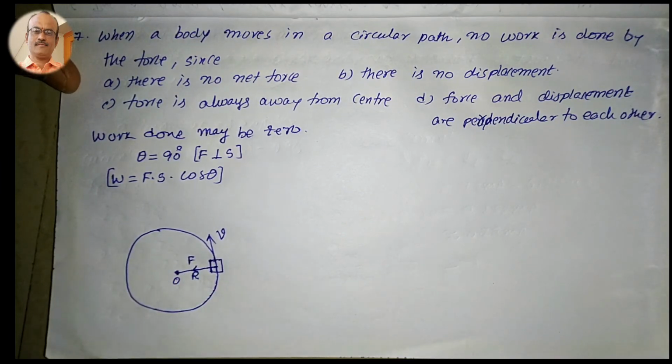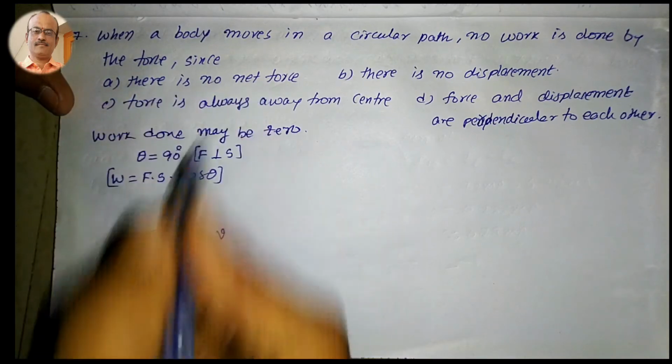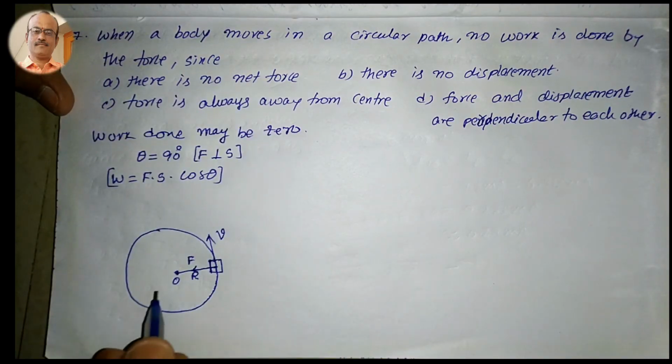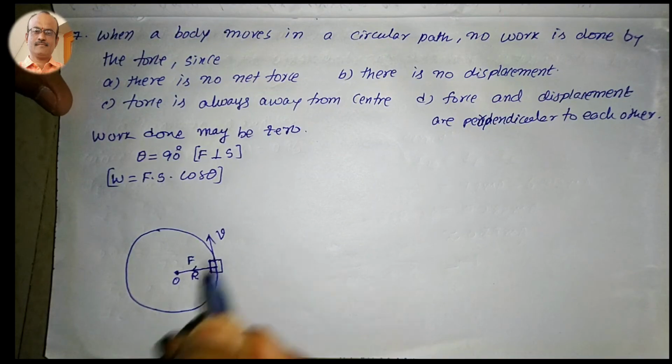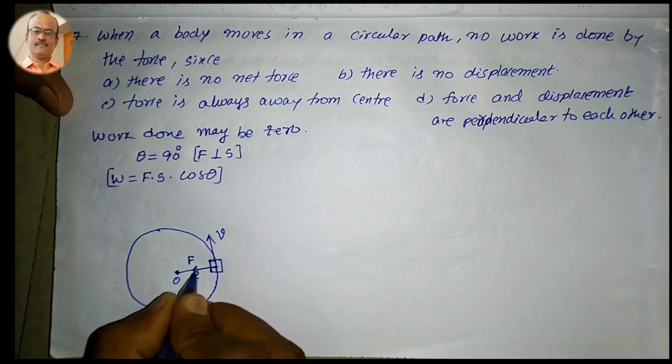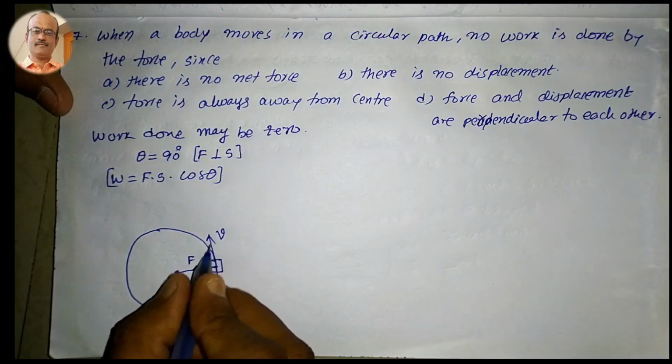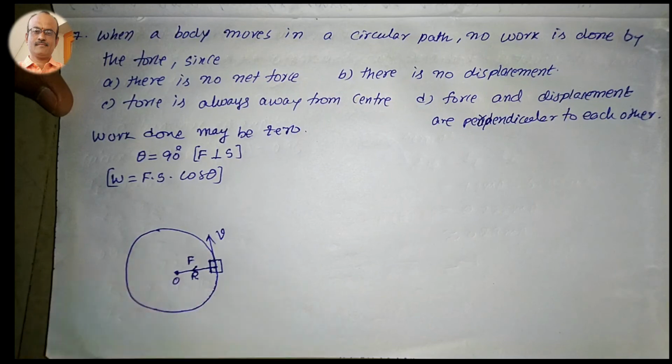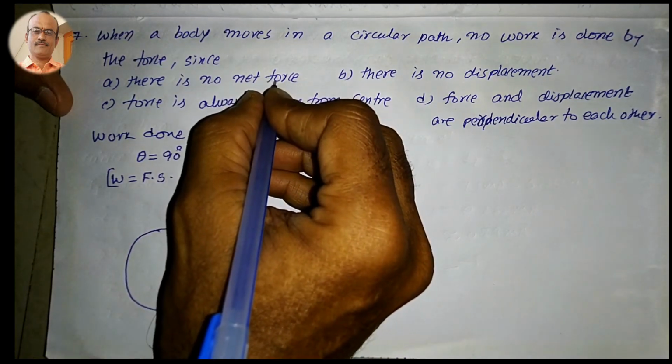No work is done by the force if there is no net force. But here there is no chance of no net force. One force is acting this side, other force is acting this side. This force makes the body travel in the circular motion. So that's why this option is not correct.